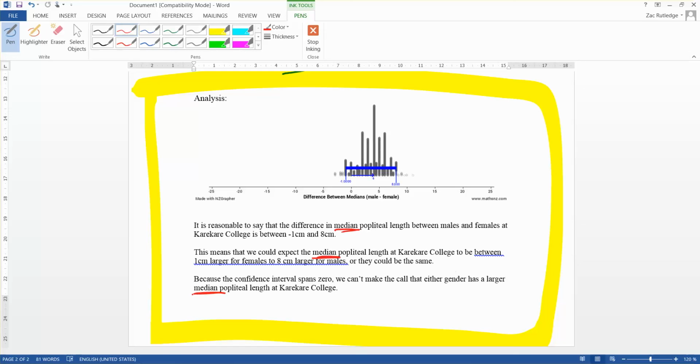It's not about the popliteal lengths anymore of individual students. Other things that I have made the effort to put in: I've made sure that I always include my population in my writing. I make sure that I've always included the two groups that I'm comparing. And finally, I make sure that I always use units.